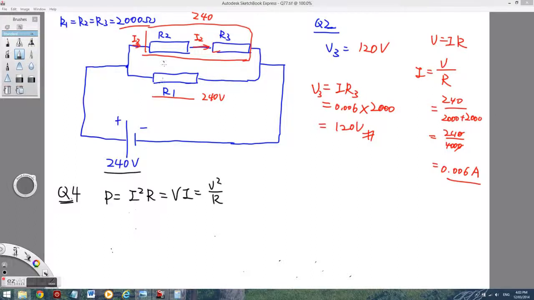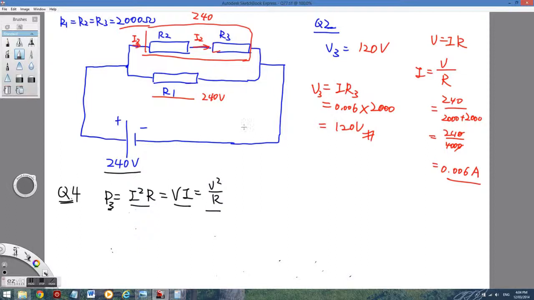Question 4 asks me to find the power of resistance 3. As we know, the power supply supplies electrical power to all three resistors, so what's the power drawn by resistance 3 only? The equations are there, and we can use either one of them.